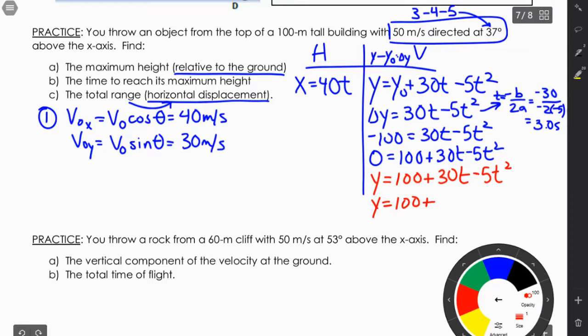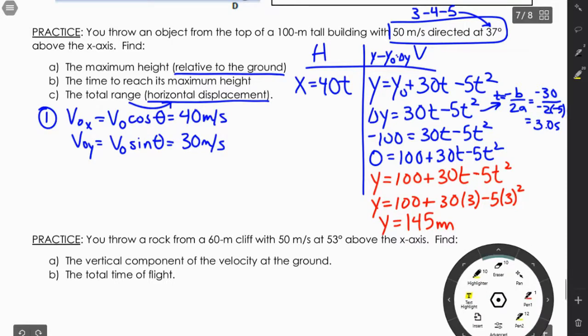When I plug in that 100 for y0, it just says I'm starting 100 meters off the ground. So here comes my maximum height: y equals 100 plus 30 times 3 minus 5 times 3 squared. And so I get a maximum height of 145 meters.